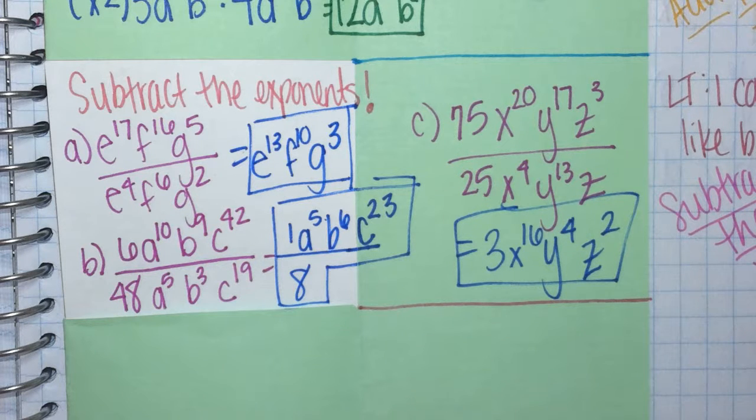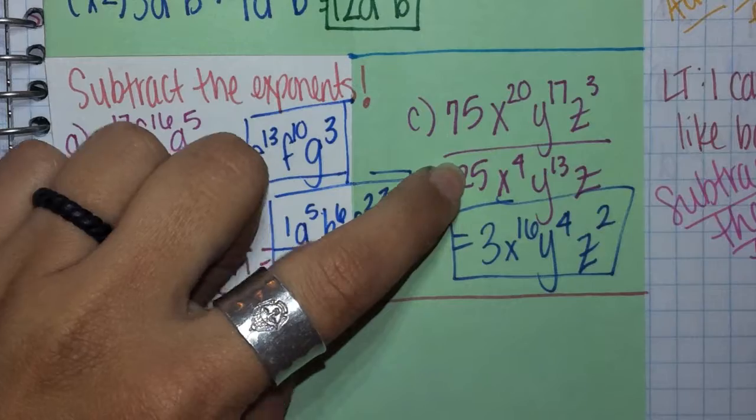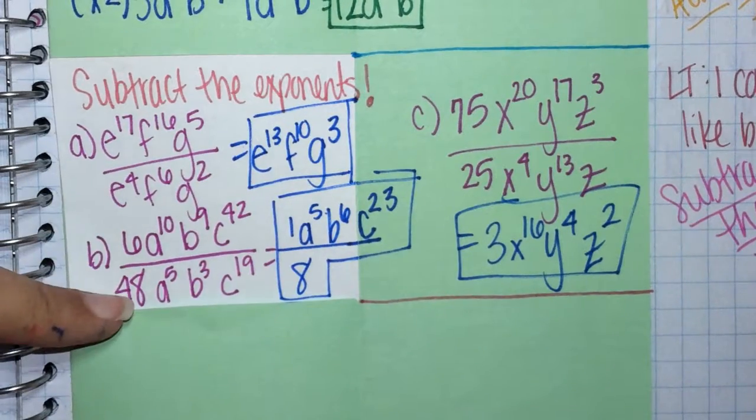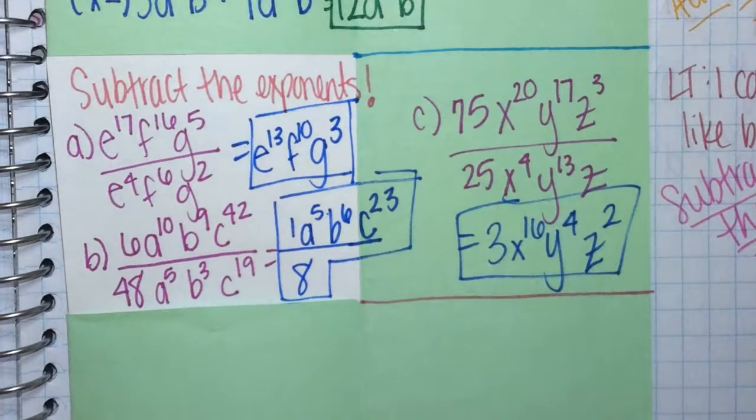There are 3 quarters in 75 cents. I should put the one at the top? It would be at the bottom this time because it's a big number divided by a small number. Here it was a small number divided by a big number. This is a big number divided by a small number.